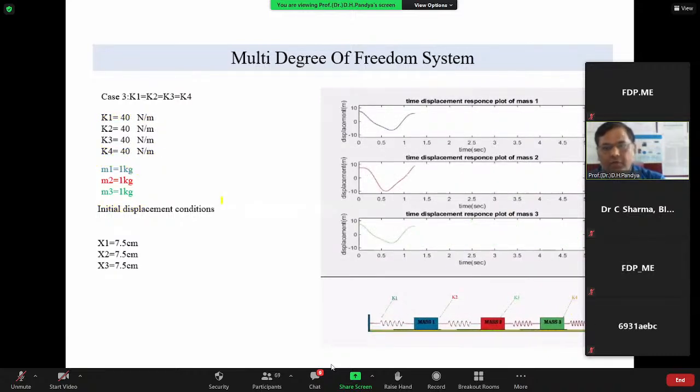Then we make all the stiffness the same, masses remain the same. Even then, there is variation in the responses of each and every mass. It is not compulsory that if all the stiffness and mass are the same, you get the same responses for all three bodies, because their initial positions remain the same.